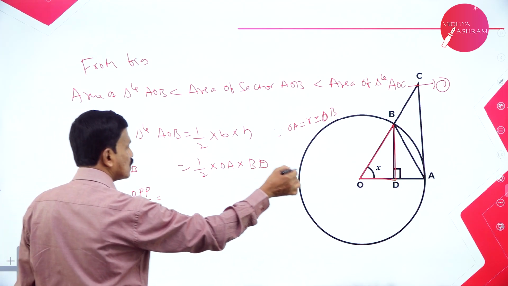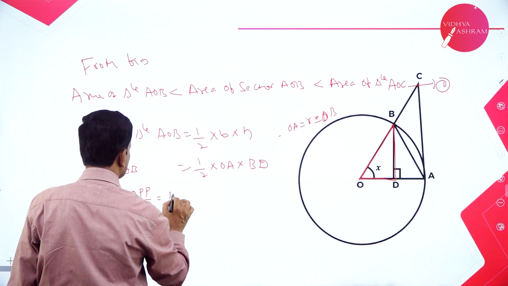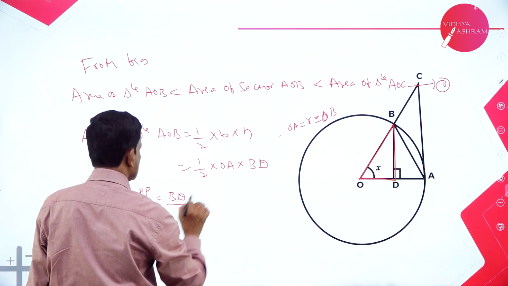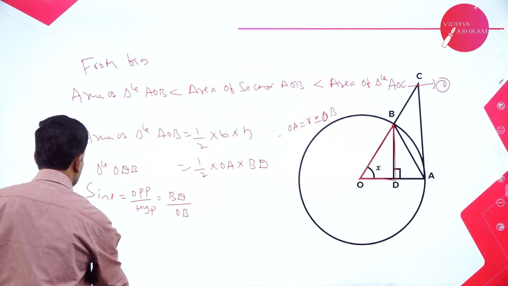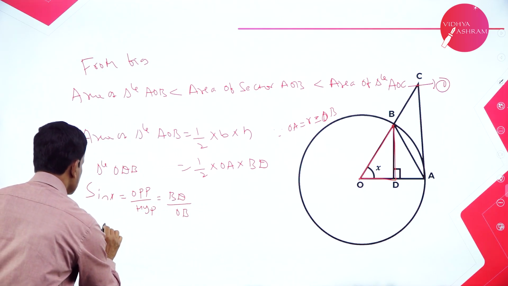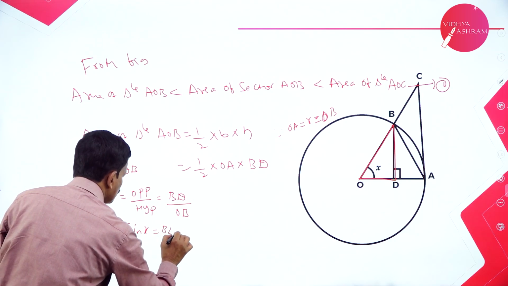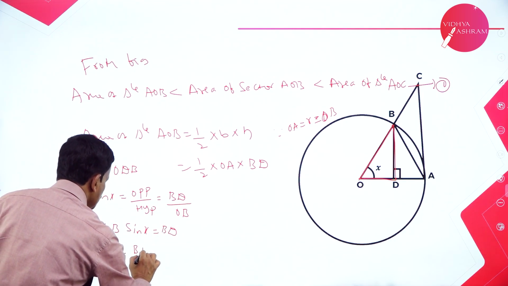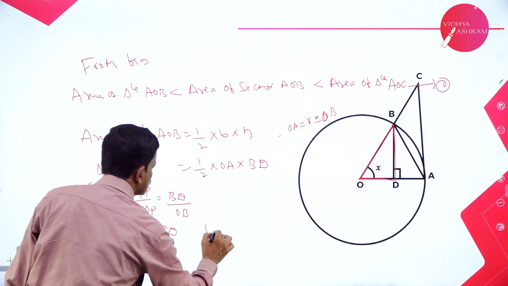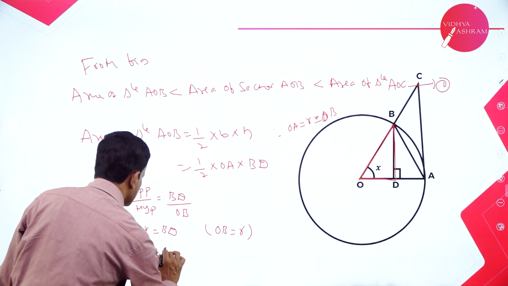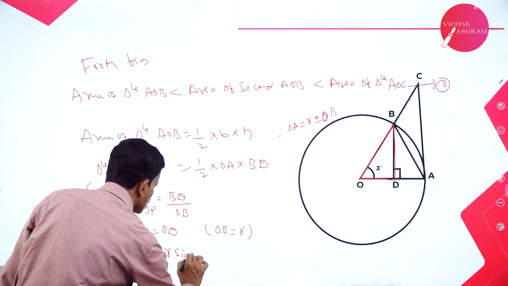Opposite is BD, divided by hypotenuse OB. Now cross multiply: OB sin x is equal to BD. Therefore BD is equal to, since OB is equal to the radius, R sin x.